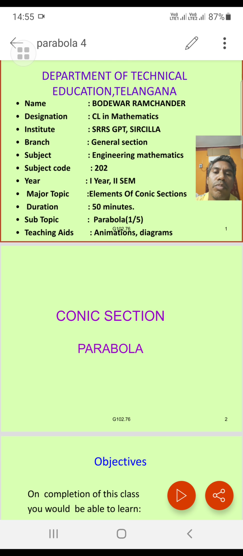The condition means SP by PM equals 1, or eccentricity is 1. So this is the condition.